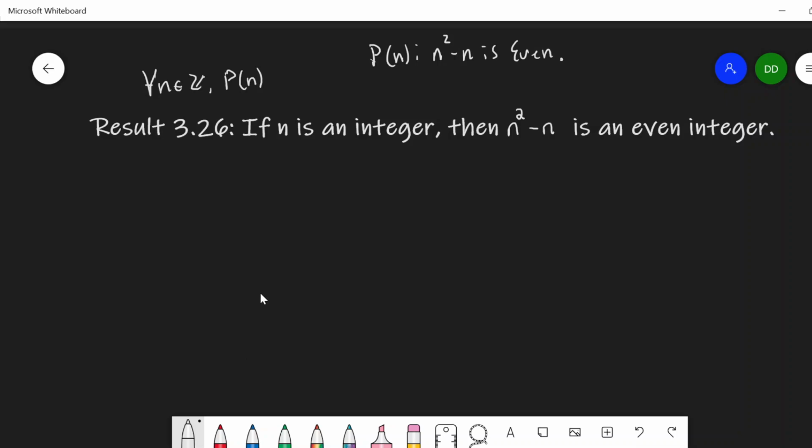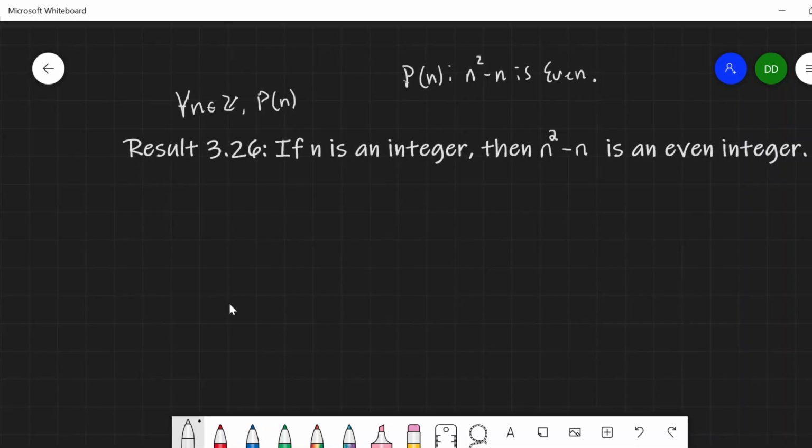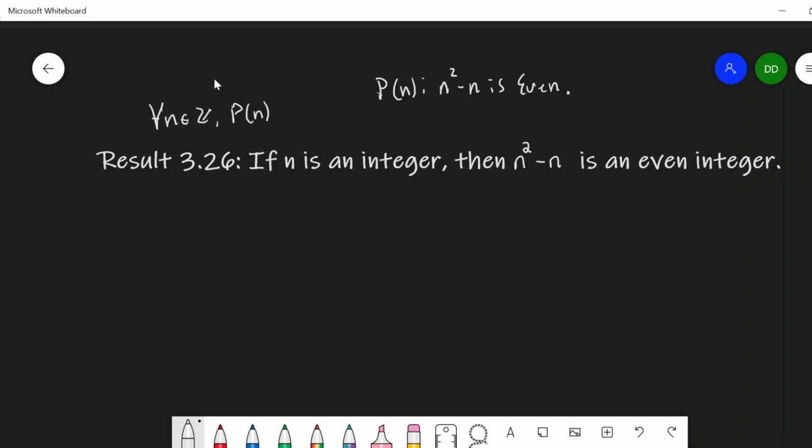So the idea is to break this down into cases. In this case, we're going to break down the integers into the even integers and the odd integers. Once we know n is even, we can write it as 2k, and we'll be able to show that n squared minus n is also even.